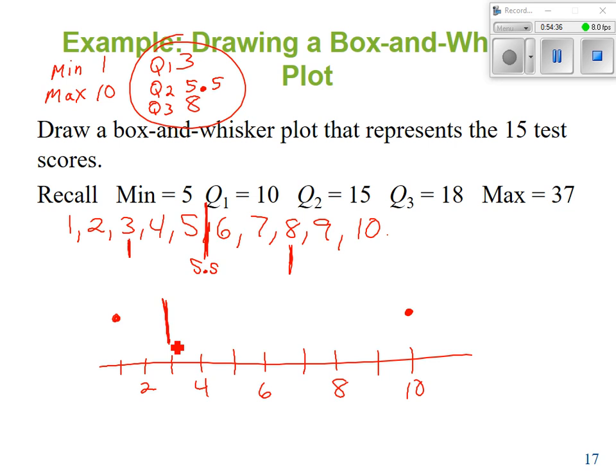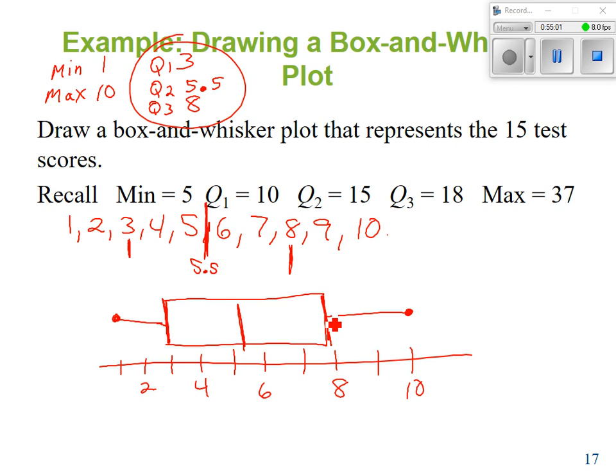I'm going to go to 5.5, draw a bar. I'm going to go to 8, draw a bar. So I got my 2 dots and 3 bars. Then all you're going to do, make it into a box, connect your whiskers to the box. That's your box and whisker.